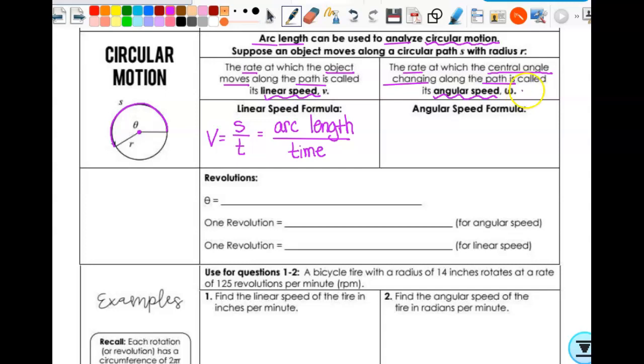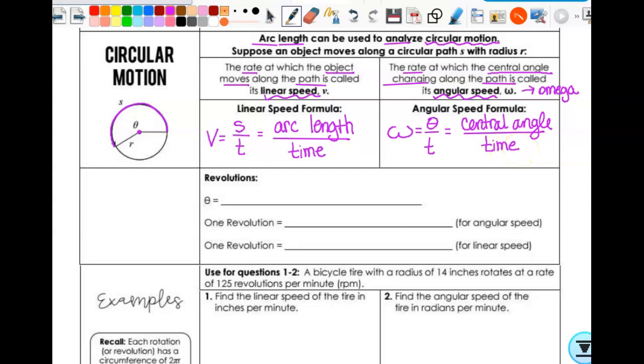Omega is the end. So this is the lowercase omega, which looks very different than the capital omega. So your angular speed, omega, is equal to theta over t. That theta is your central angle, and t, of course, again, is time.